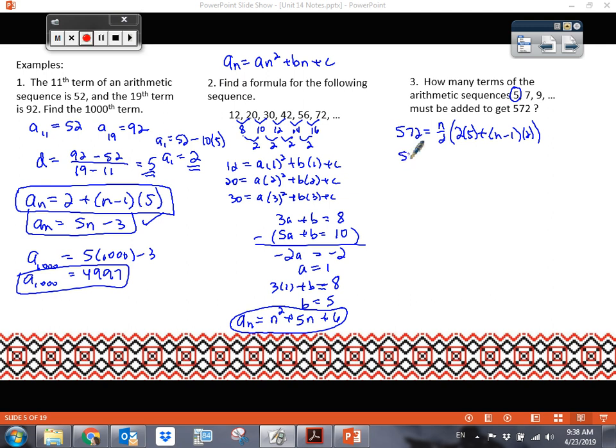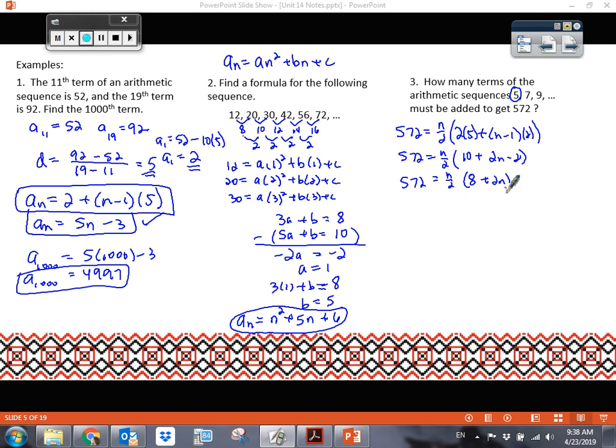So I have 572 equals n over 2 times, let's see, 10 plus 2n minus 2. Combining like terms, I get n over 2 times 8 plus 2n equals 572. Of course, there are a lot of different ways to solve equations. You may have a different way, which is fine. I'm just showing you how I would solve it. Since these numbers turn out nice, I would just distribute.